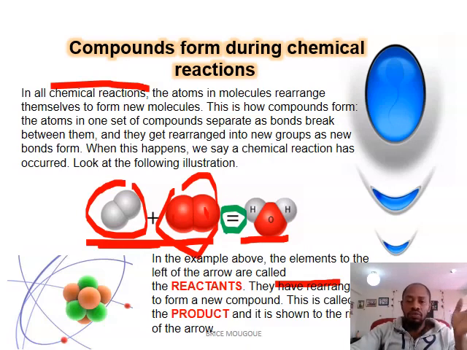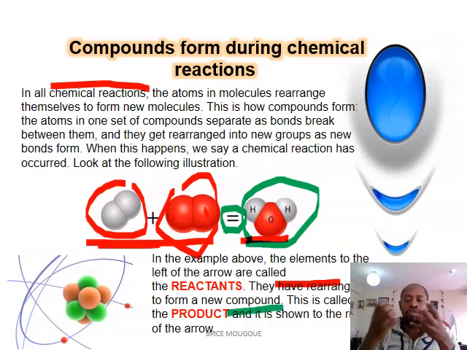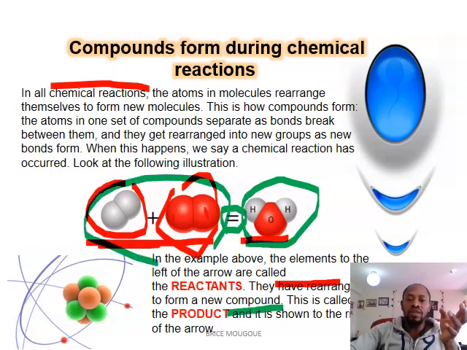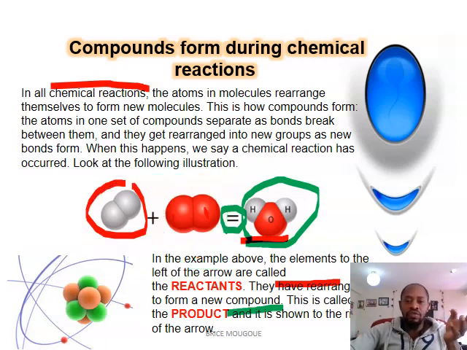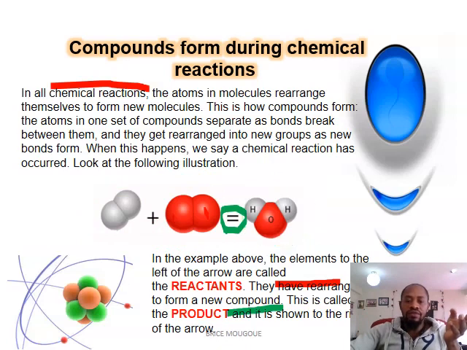What we form here now, on the right side, the compound that we are going to form will be what we'll call the product, because it is what is achieved at the end of the reaction between the reactants. So in this whole system, we have 2 aspects.